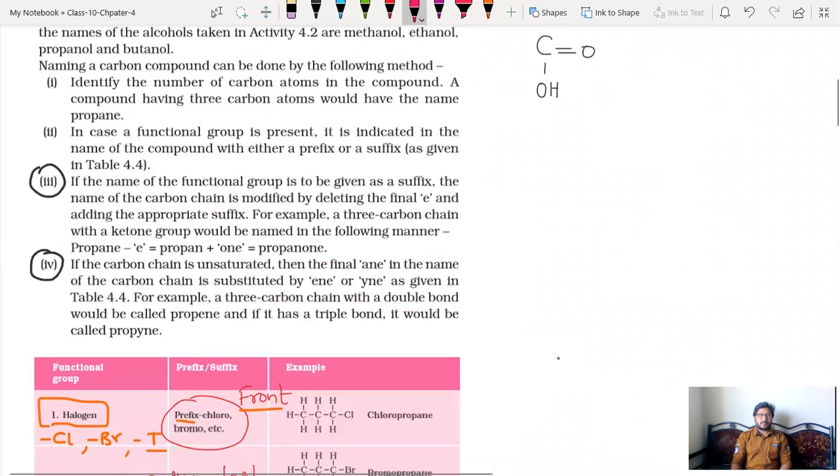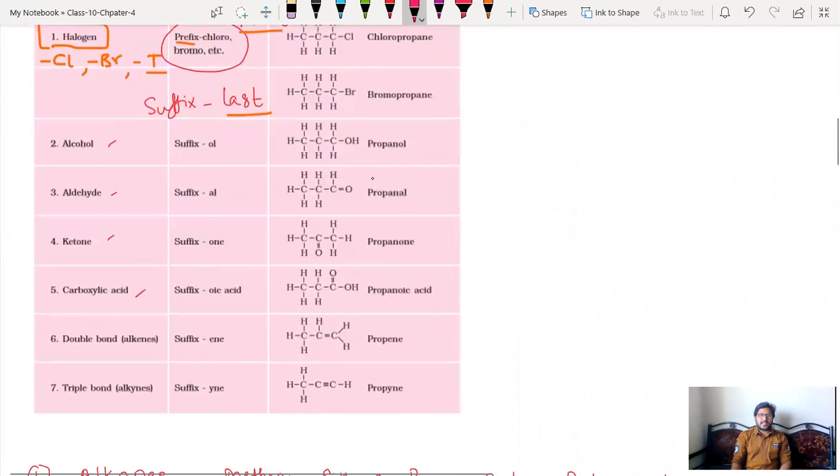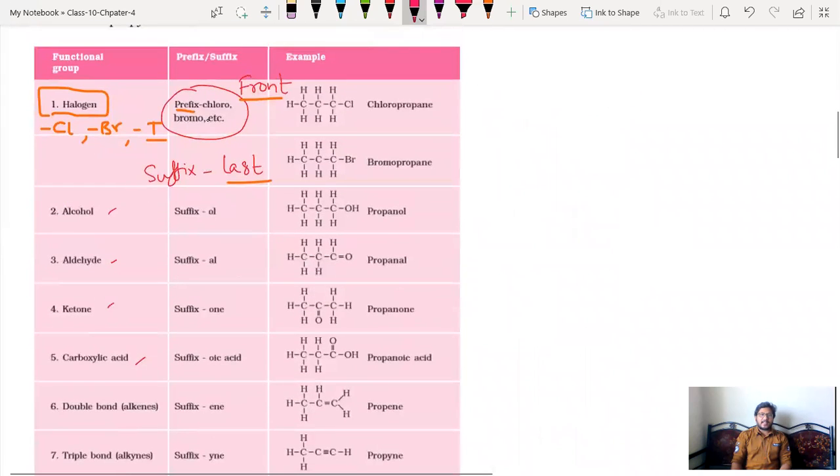What is the second point? In case a functional group is present, and now a functional group is present. What functional group is present? The bond OH functional group is present. It is indicated in the name of the compound. So if any functional group is present, that should be indicated in the name of the compound. So in propane, that functional group should be named. We have to add it, either as a prefix or a suffix. If you observe this table, only for the halogens it is a prefix.